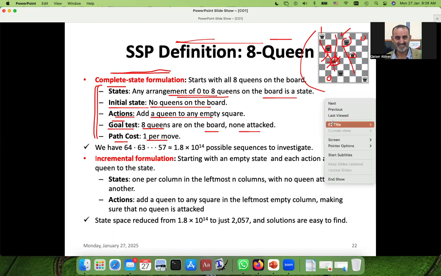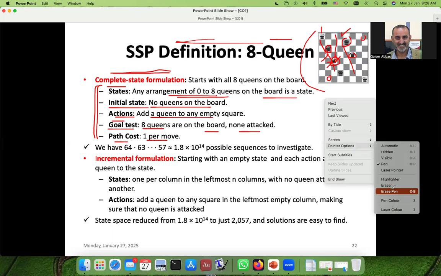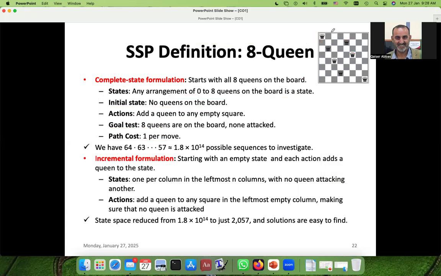And if you think, when the board is empty, I have 8 rows, 8 columns. How many possibilities? 64 blocks are available for me to start with. And then when I place one queen in a proper position, one cell is now gone from that 64, and you have only 63 left.